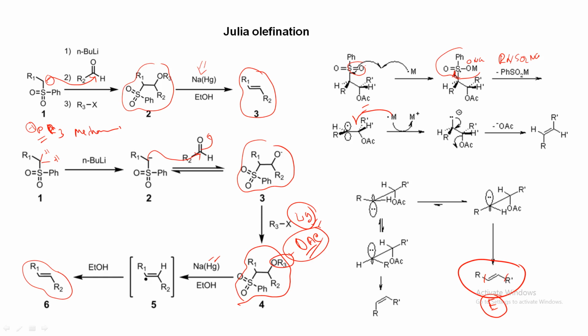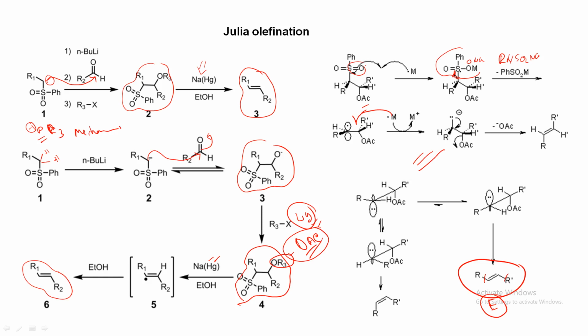Now you can see that for this anionic species, two forms are possible.